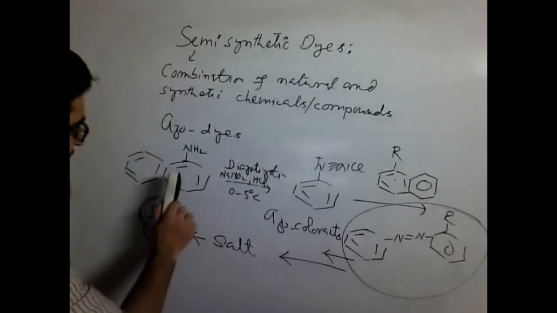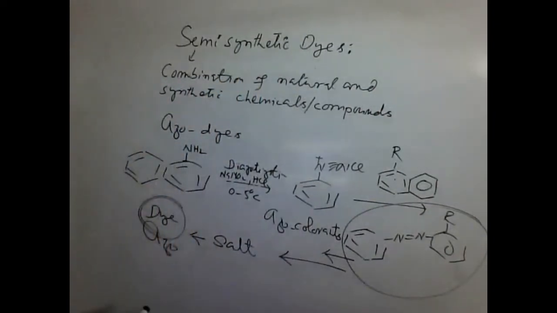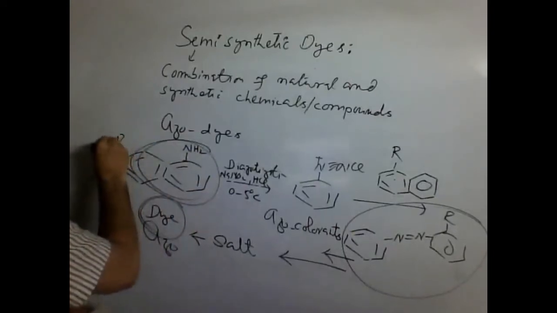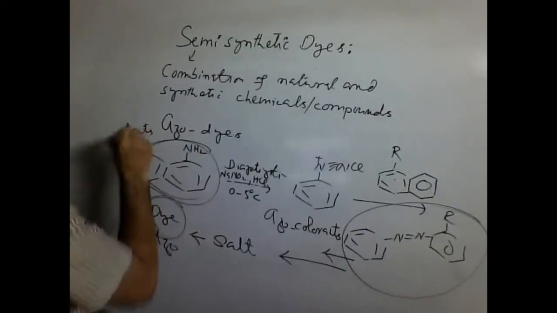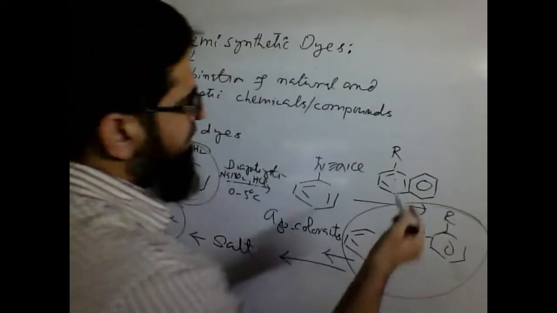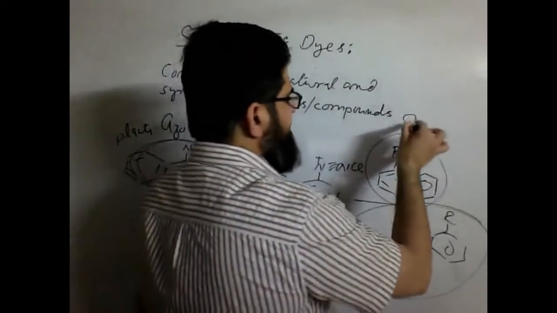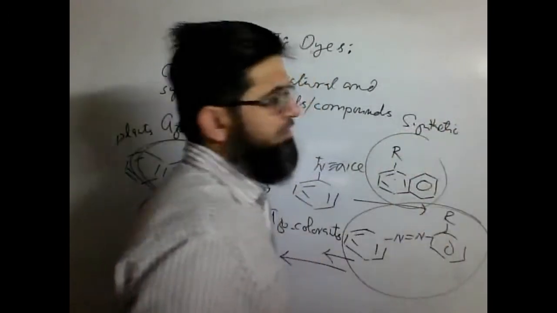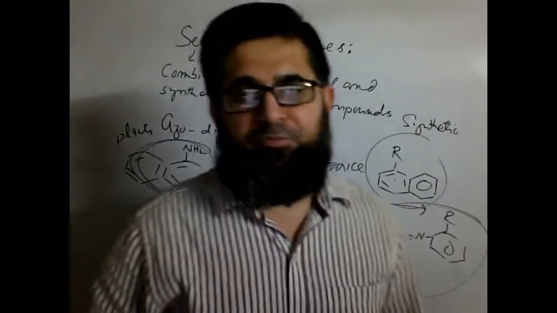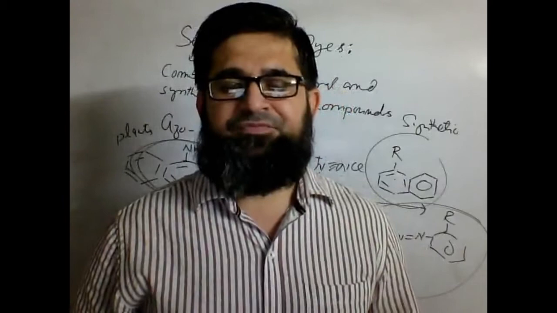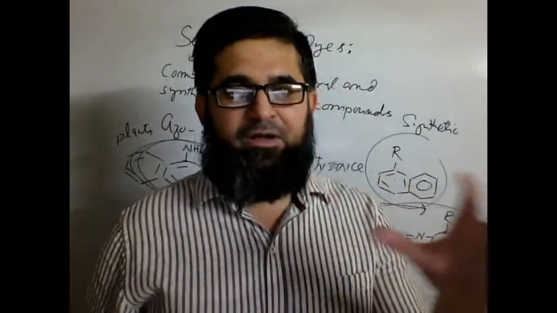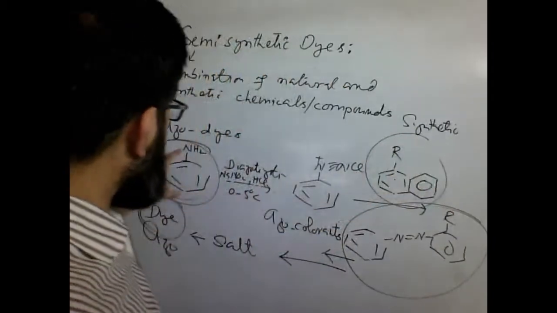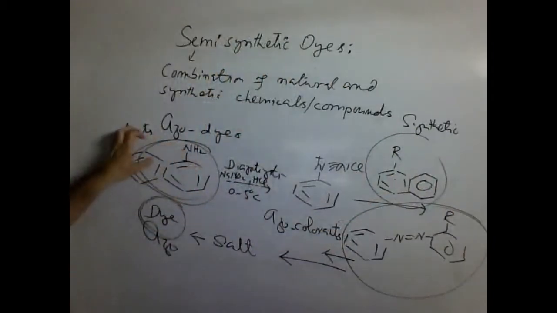Either your starting material can come from the plants, then you can bring in the coupler that could be synthetic, because all compounds cannot be received from plants, as their amount is required in a bit higher quantities. So that is why some of the components have been taken from plants.